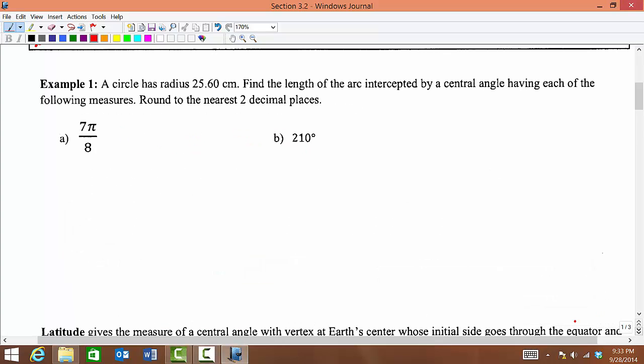For example 1, a circle has a radius of 25.6 centimeters, and we want to find the length of the arc that's intercepted by the given central angle. We want to round to the nearest 2 decimal places. So let's first draw a picture of our circle, and our central angle is 7 pi divided by 8.